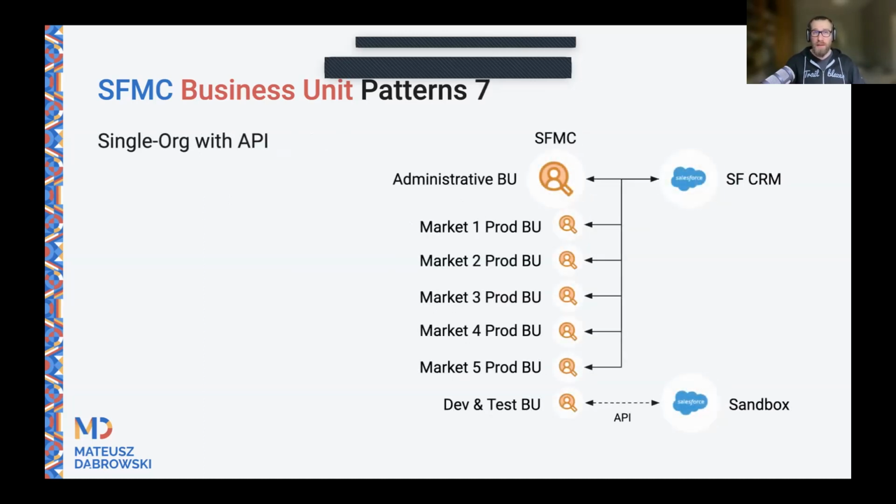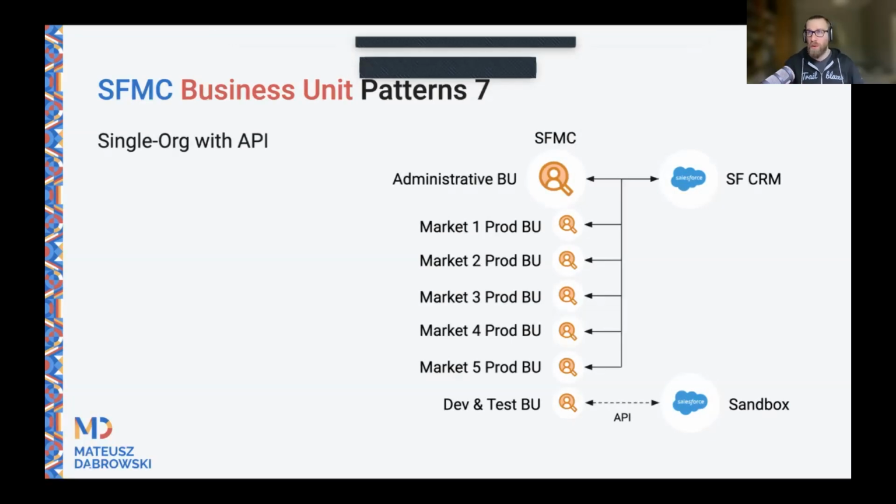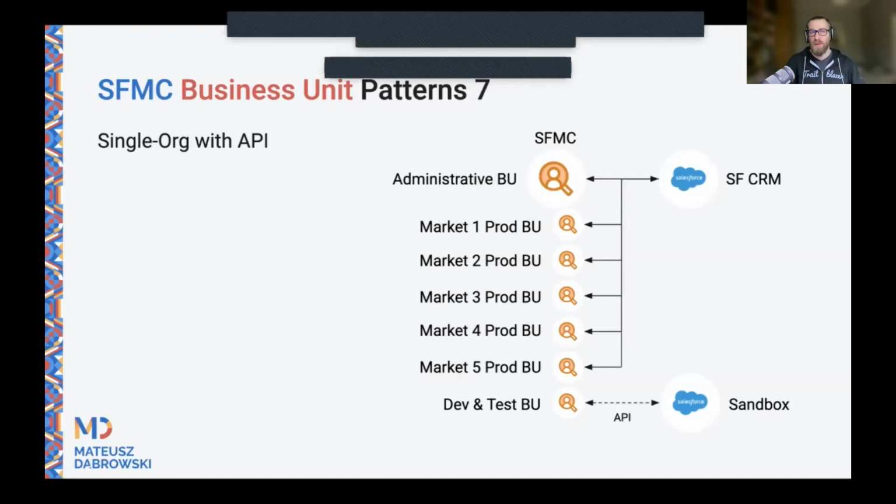Another workaround is that instead of going with the multi-org, you are going with the single org and just connect the single non-matching integration with the API. This is a really cool approach where, for example, you have 20 business units and only one should be connected to something else, because you don't want the dev test to be integrated to production CRM.